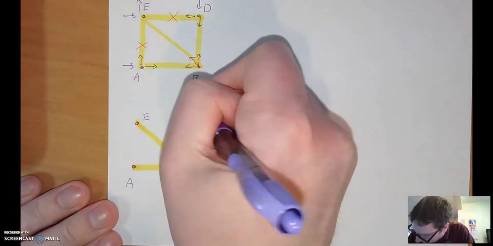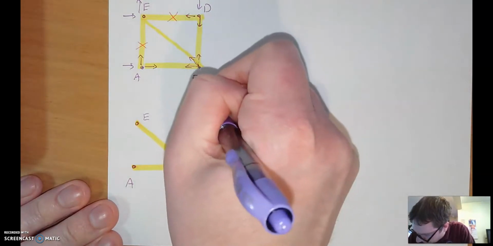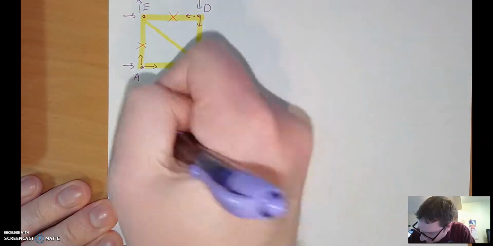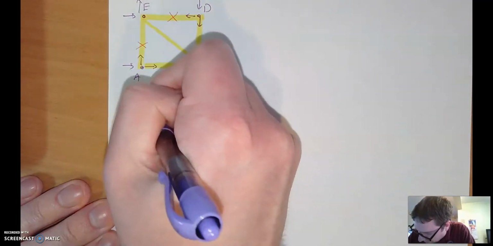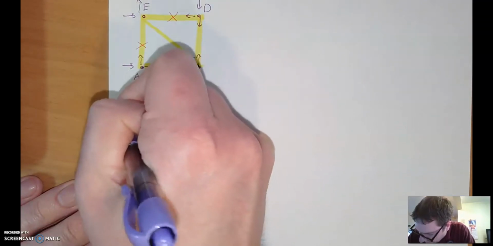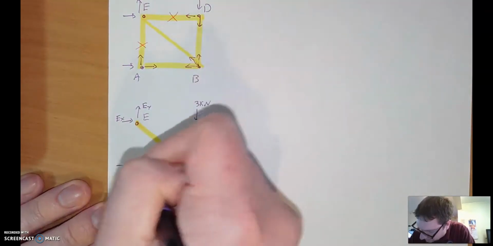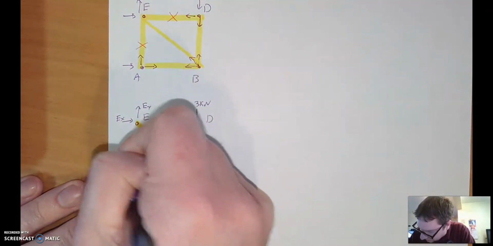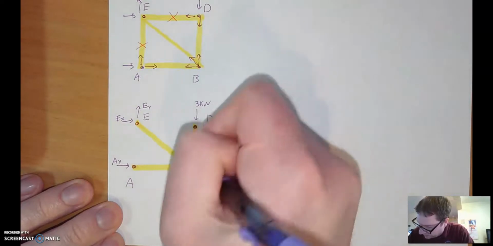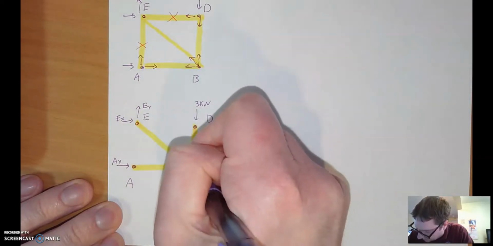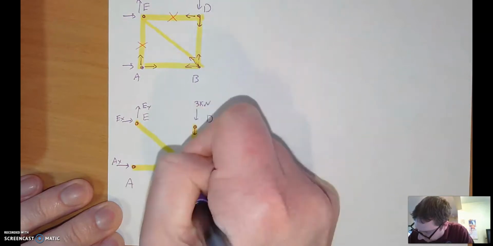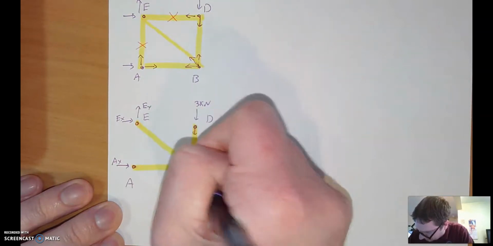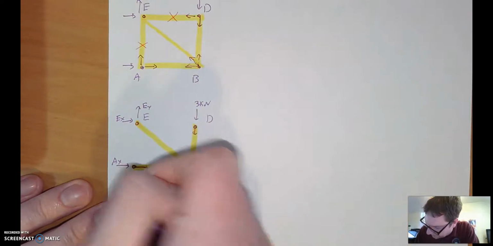So I have 3 kilonewtons, my reaction force here, so E in the Y and E in the X, and then I have a reaction force here, because this is a roller, A in the X, and then in here I will have some internal forces. Sorry, the pen doesn't like the highlighter.